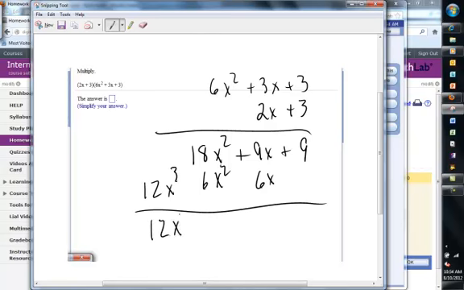So we have 12x cubed plus 24x squared plus 15x plus 9.